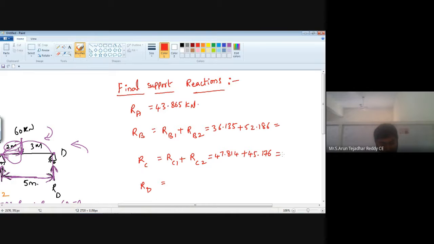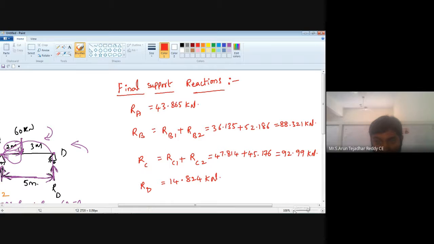What is the total value? And RD 14.824 kilonewton. Okay. So here the total value is 88.321 kilonewton. Here 92.99 kilonewton. So these are the final support reactions.